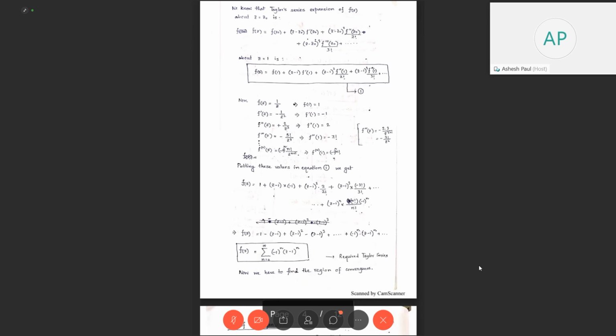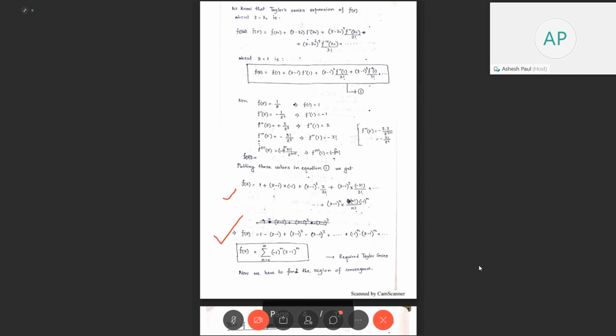Now, after some algebraic manipulation, we get this form: f(z) equal to 1 minus (z minus 1). We are just making the minus and plus adjustments. The 2 and factorial 2 cancel out. Therefore, we get (z minus 1) whole square only.